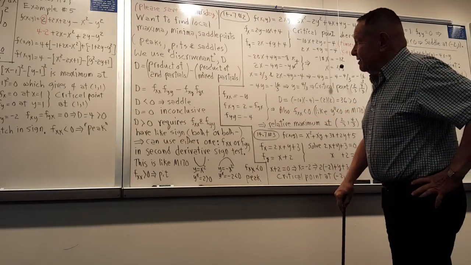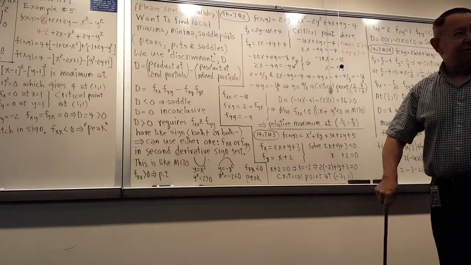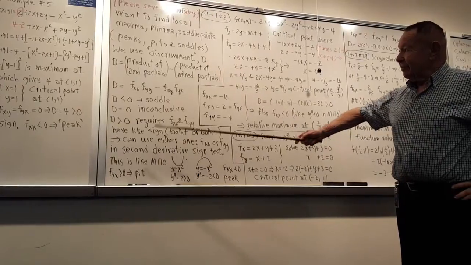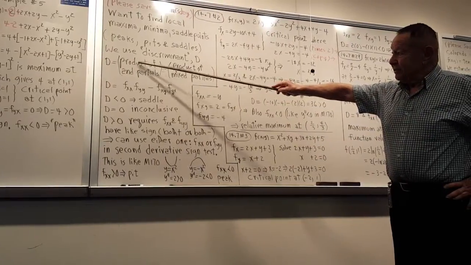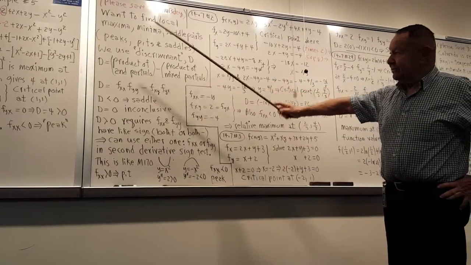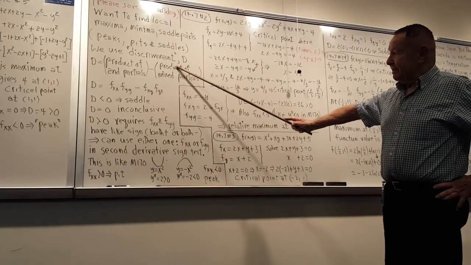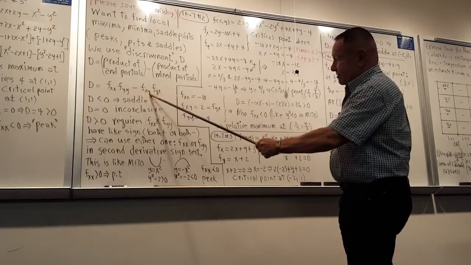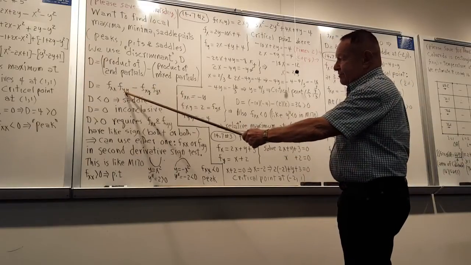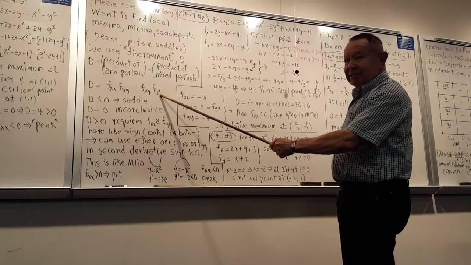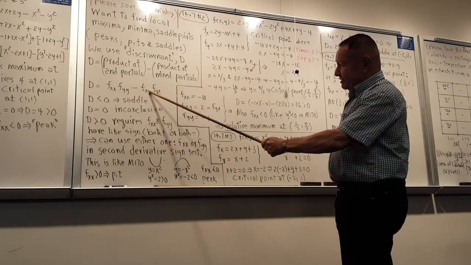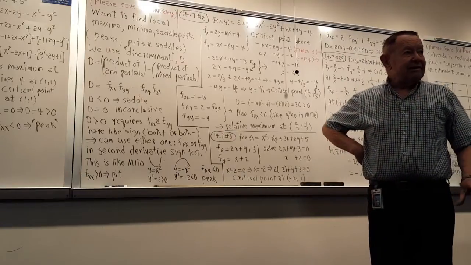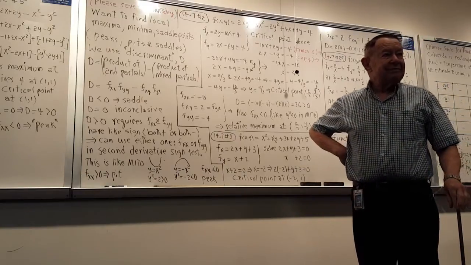And so what we use is what people call a discriminant, which is the product of the second partial derivatives minus the square of the mixed partials. In other words, this. These are the second partials and these are the mixed partials. You remember that the mixed partials will always be equal for anything that's in our book.